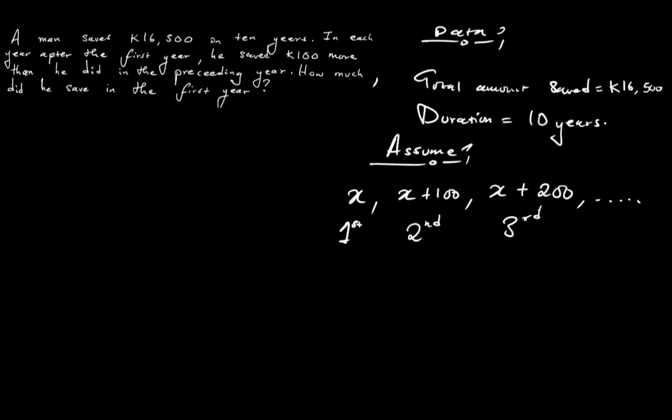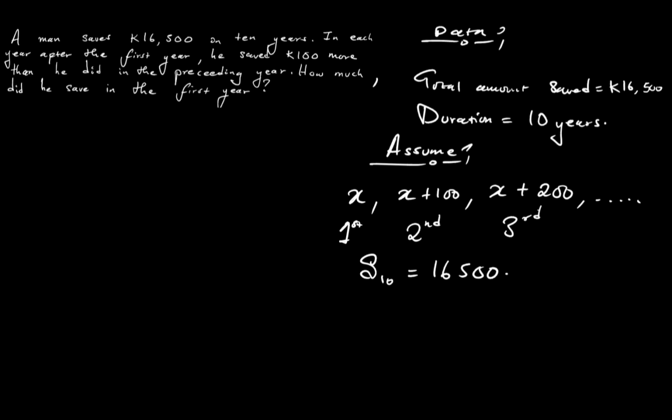Now, let's understand something. This person saved 16,500. That is clear enough to let you understand that that's actually the sum of everything, which means the total amount of money, like I illustrated in the first place. So if we put this in an arithmetic way, it means that the sum of n terms, where n is now 10 years, was equivalent to 16,500.